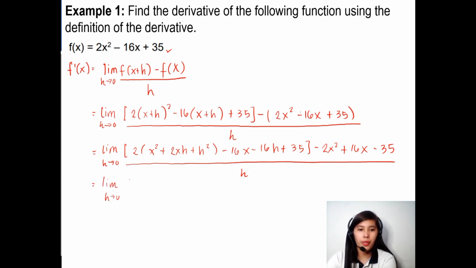So this will be 2x squared plus 4xh plus 2h squared minus 16x minus 16h plus 35 minus 2x squared plus 16x minus 35.